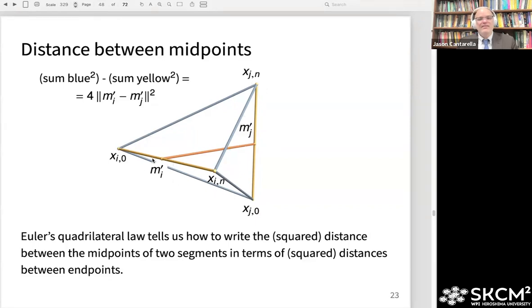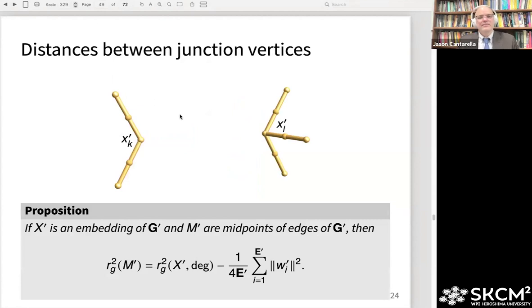That makes it start to sound like the midpoint radius of gyration is going to be the same as the vertex radius of gyration. After all, the midpoint radius of gyration depends on these m_i prime to m_j prime distances, and the vertex radius of gyration depends on these blue distances. But here's the catch. If I have a pair of junctions, and I think of the blue distance connecting them, that blue distance doesn't just occur in one midpoint-midpoint pair.